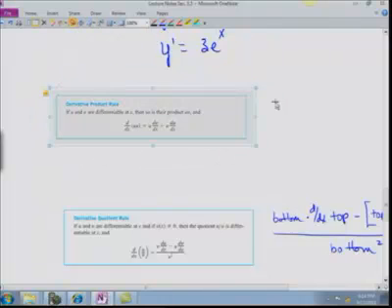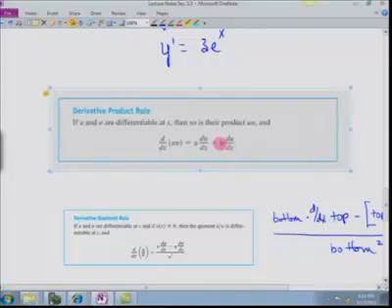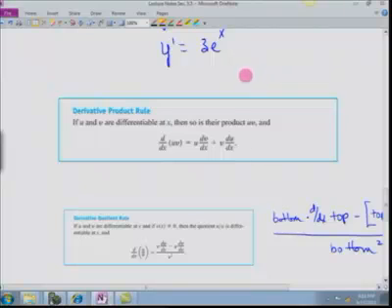Huge, important. And I don't know that you need to write this down and memorize this. The way I would say it is, when you have a product, say x squared times 7x. Now, we could make that 7x cubed. I understand that.